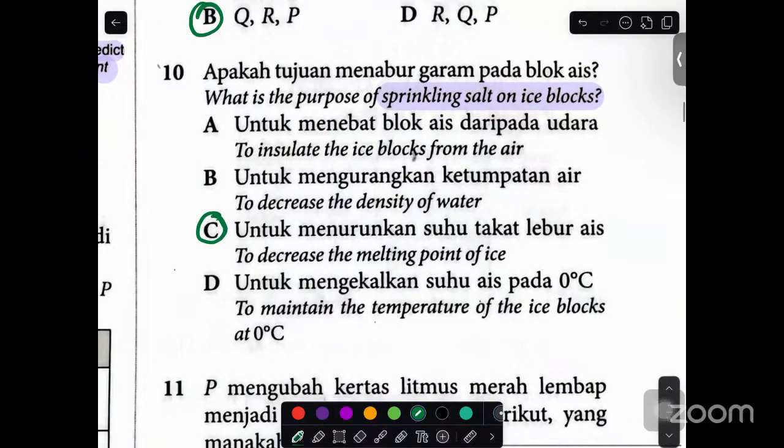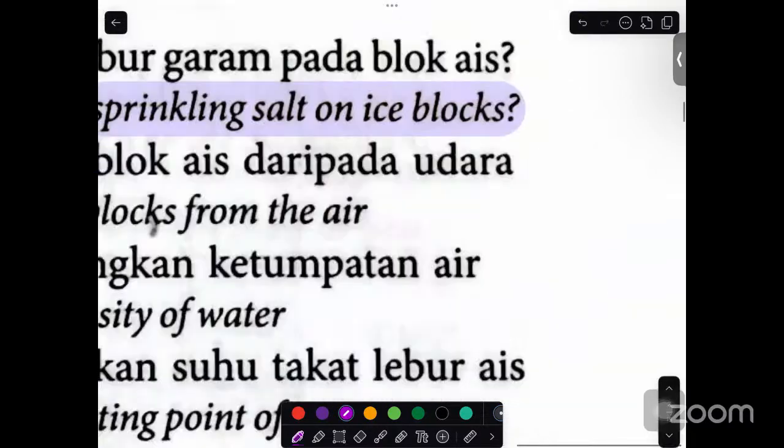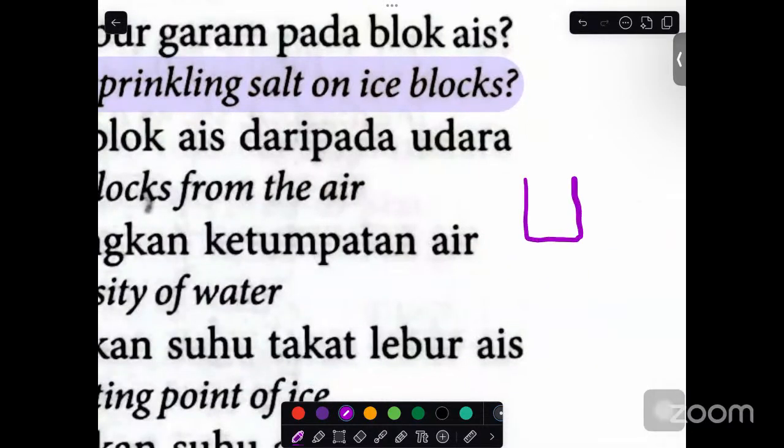Okay, kalau in case teacher take air and air didih, teacher put salt, teacher letak garam. So, takat didih. What is my takat didih? My boiling point?